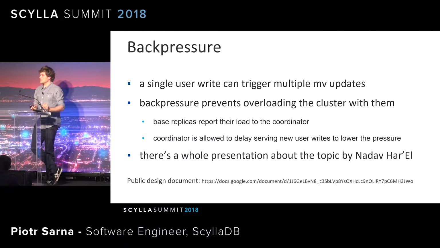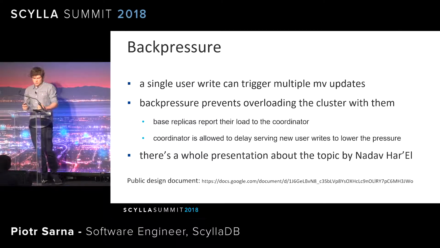If a table has, let's say, 5 materialized views, and you just want to update one row, you can end up with 10 synchronously sent materialized view updates. So this number can grow really fast, and we want to throttle that.